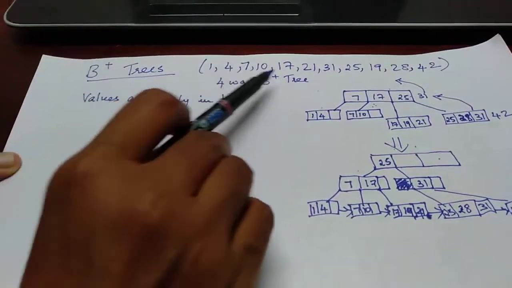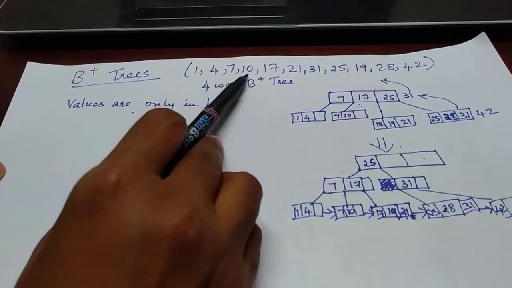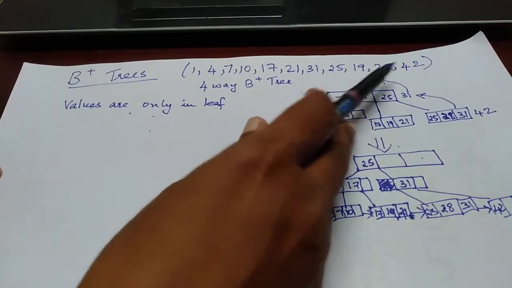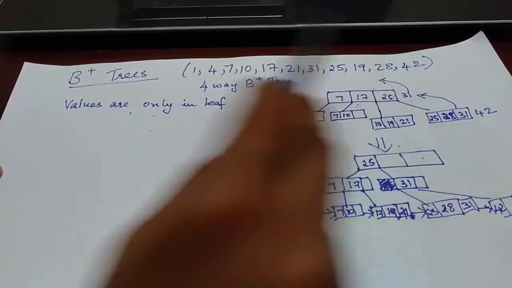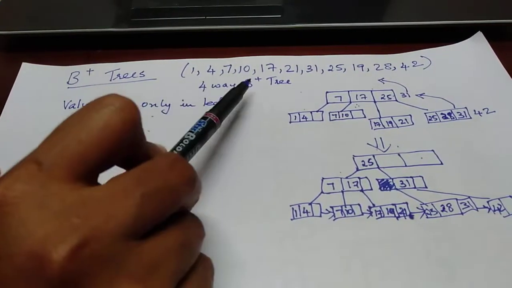The numbers that we are going to use to create the B plus tree are 1, 4, 7, 10, 17, 21, 31, 25, 19, 28 and 41. We have 11 numbers. Now I'm going to draw a 4-way B plus tree.